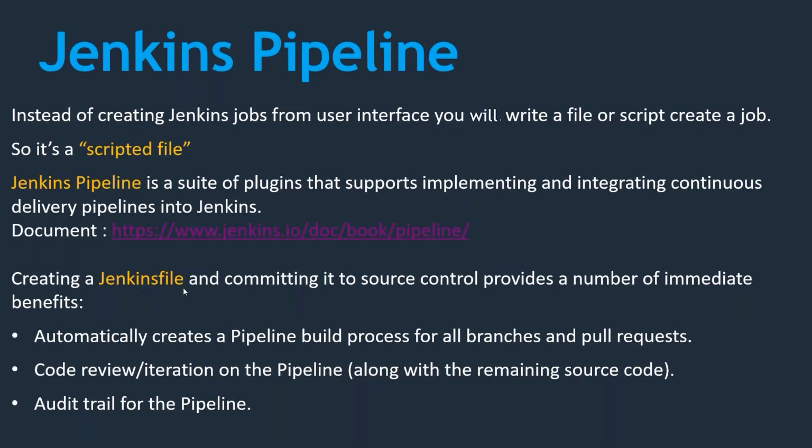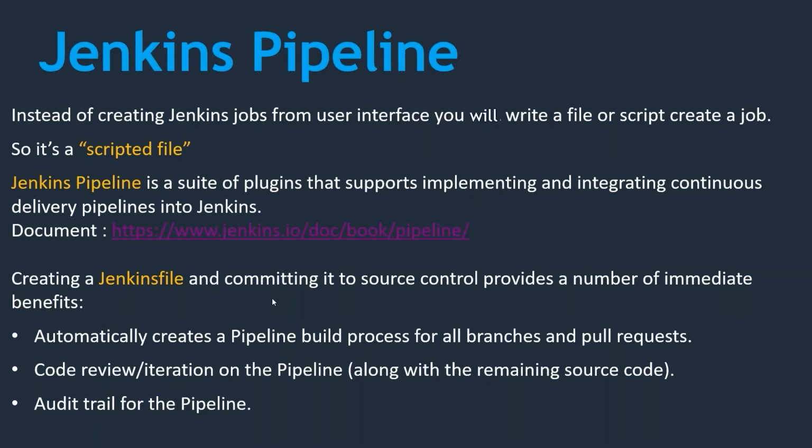Creating a Jenkinsfile and committing it into source code control provides a number of immutable benefits. So what we usually do is create a Jenkinsfile with the list of steps which you need to follow, and commit it into the source code management. So whenever you commit into the source code management, your Jenkins pipeline is also now part of your source code management.